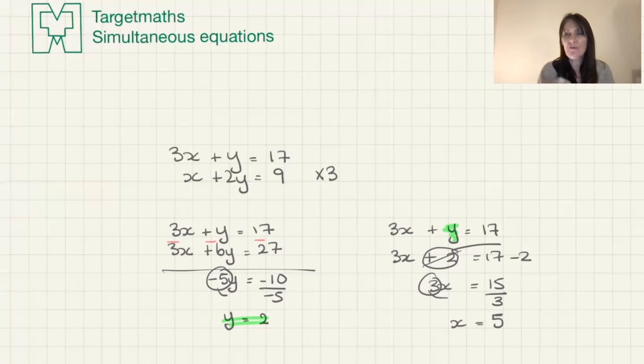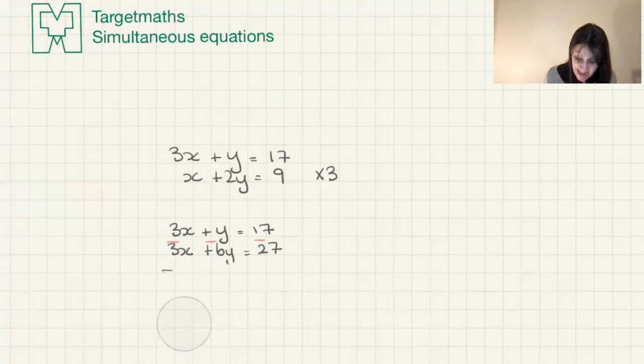I use it for forming and solving equations, simultaneous equations. I use it for trigonometry, for Pythagoras, for anything with a formula. I use it for rearranging formula, as you saw in the first session. So it's a really fabulous method that we can just use all over the place. So being confident with our hopping method really does help with this topic as well.